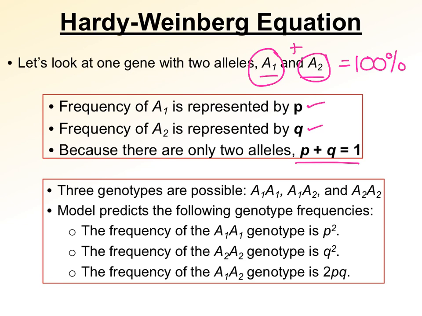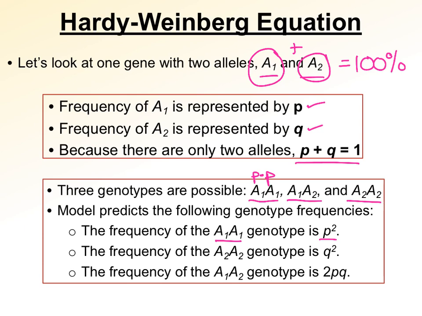We know that because individuals are diploid, there are 3 possible genotypes you could have. You could be homozygous A1, homozygous A2, or heterozygous A1A2. The frequency with which you see A1A1 would simply be P, the frequency of A1, times P, the frequency of A1, which would give us P squared.